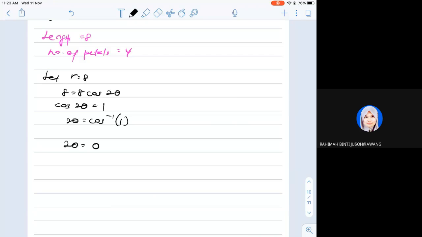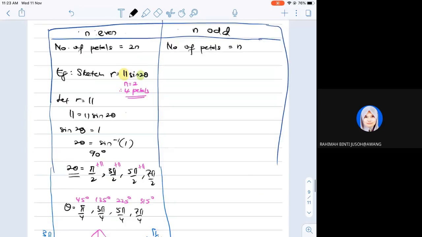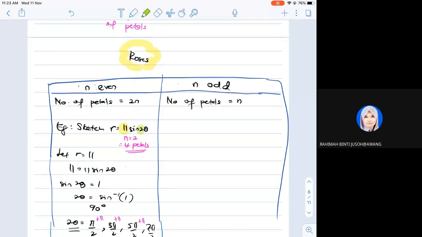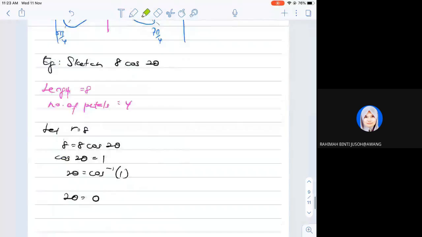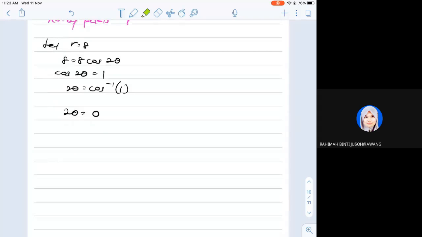So again, as the previous method, for the case of n even, we need to plus pi, plus pi, plus pi. The same thing happens here. So 0 plus pi, we have pi.